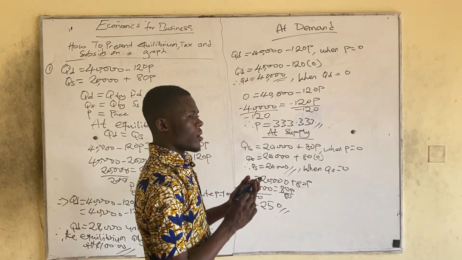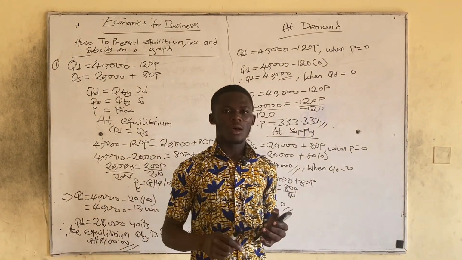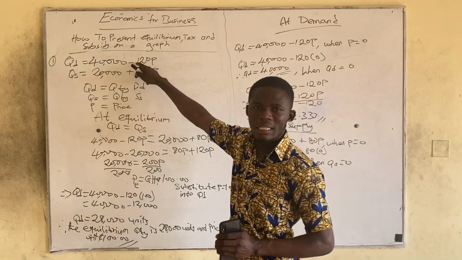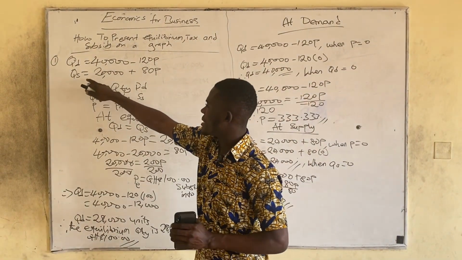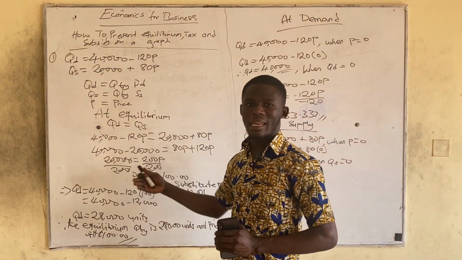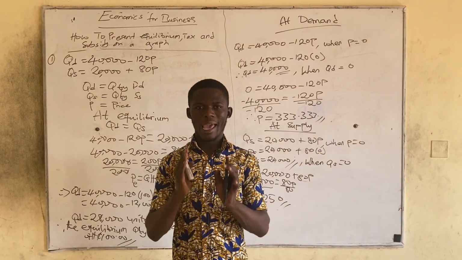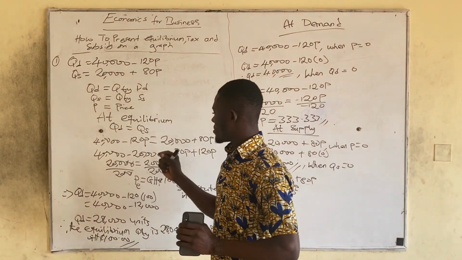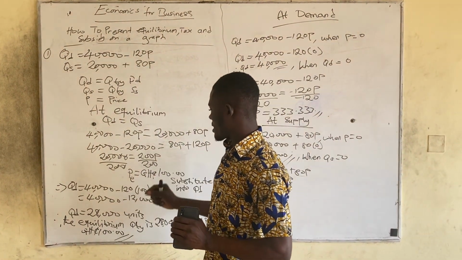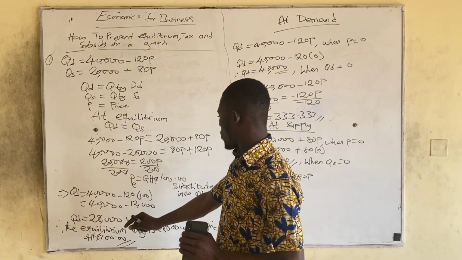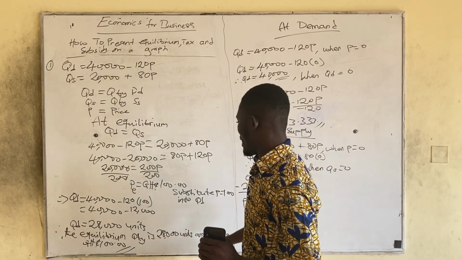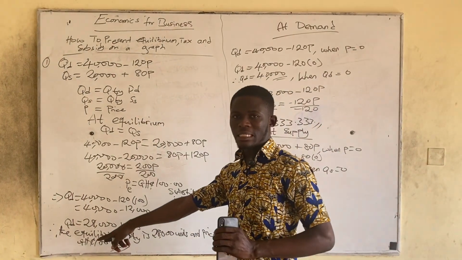So now all that they wanted from me is that you have to present the quantity demand curve and then the quantity supply curve, plus the equilibrium quantity and the equilibrium price on a graph. Here, we've solved for the equilibrium quantity to be 28,000 units and the equilibrium price to be 100 cedis.